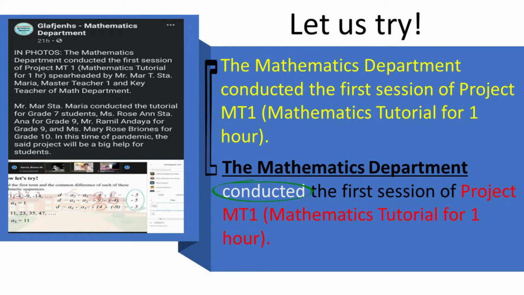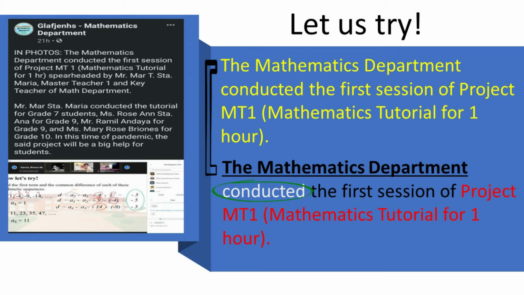Let's try this example. This is an infographic from the mathematics department. Let's try to apply the formula, which is the subject plus the verb in its past form plus the object. So the statement that I took from this infographic is: the mathematics department conducted the first session of Project MT1 or mathematics tutorial for an hour.